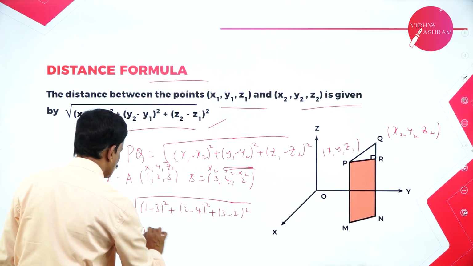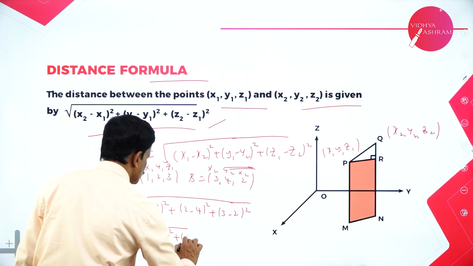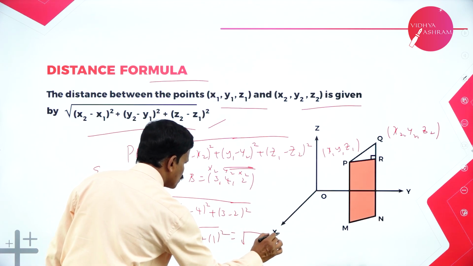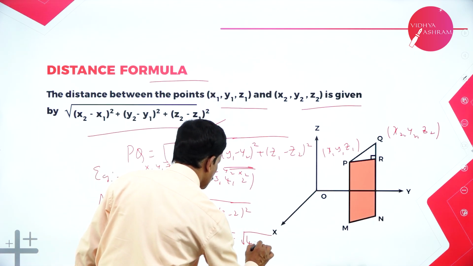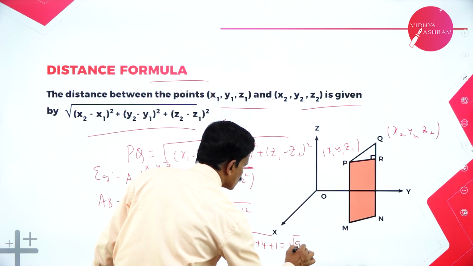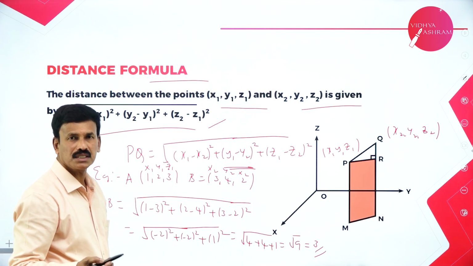So, this is equal to 1 minus 3 whole square is minus 2 square, this is minus 2 square plus 1 square. So, that is equal to root of 2 square is 4 plus again 2 square is 4 plus 1 square is 1, root 9, square root of 9 is equal to 3. So, the distance between these 2 points is 3, that is it.